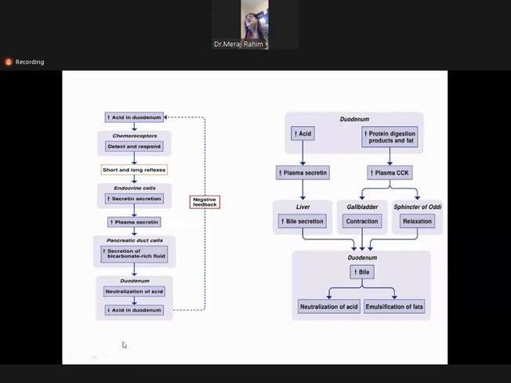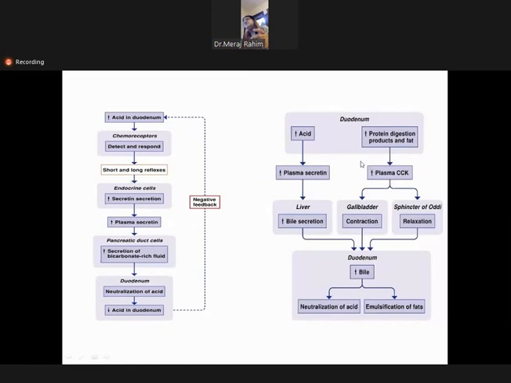So this is how all the things come into action. So the acid from the stomach causes secretin to be secreted, which causes the neutralization of the acidic content of the stomach, which had entered into the duodenum. Then, when the acid is neutralized, a negative feedback occurs.